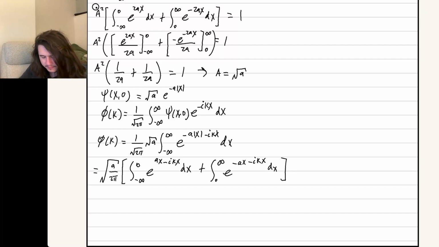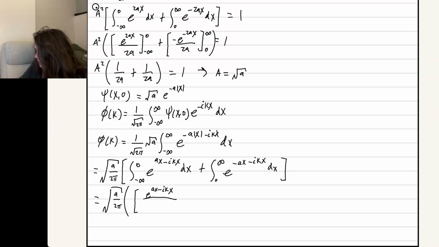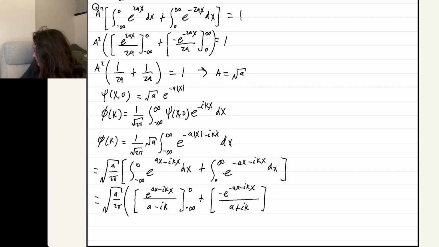Those integrals again aren't too terrible. And I'm going to open up parentheses now instead of a bracket. We've got e to the ax minus ikx over a minus ik from minus infinity to 0, and then plus minus e to the minus ax minus ikx all over just a plus ik, which we evaluate from 0 to infinity.